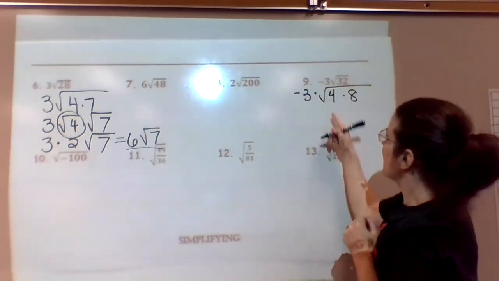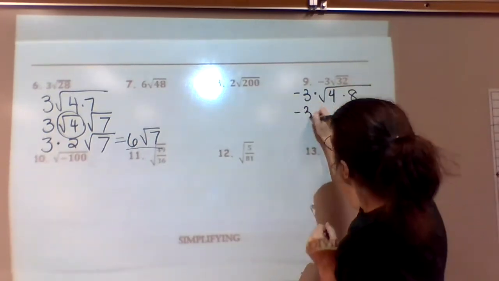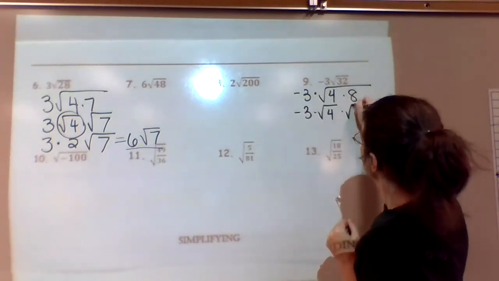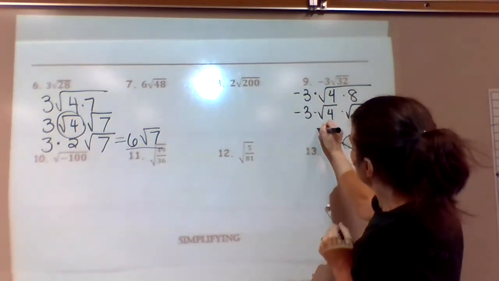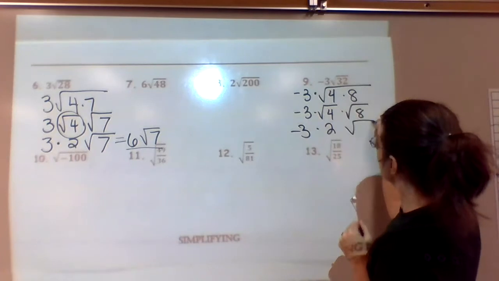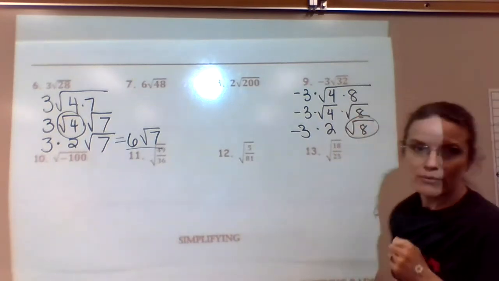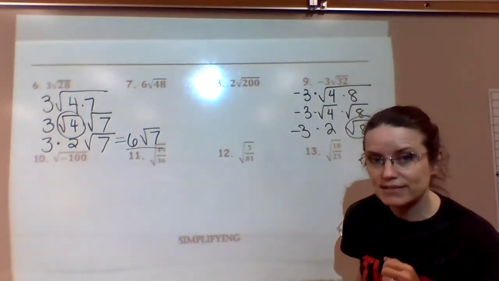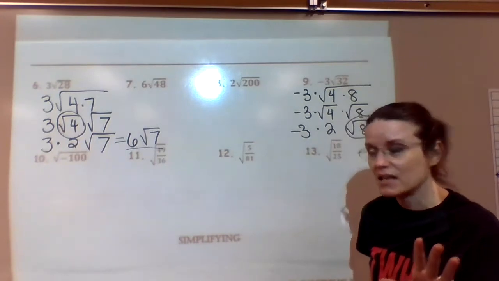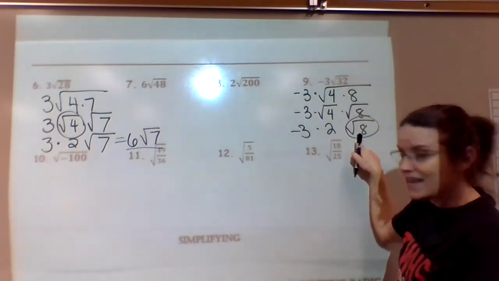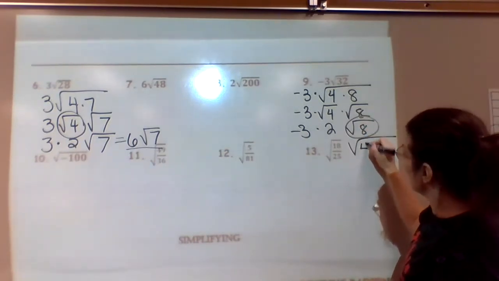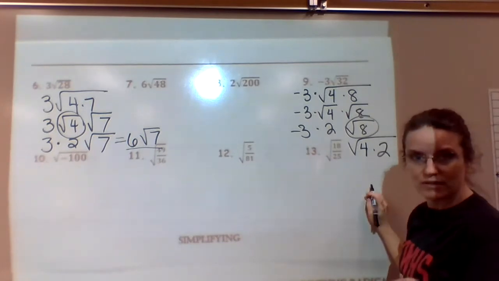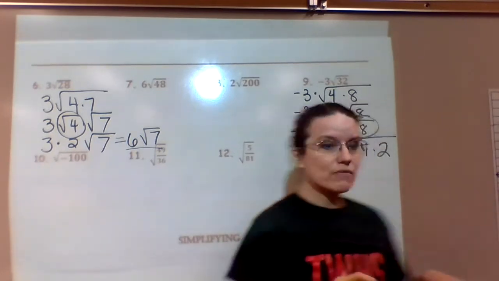But when I break this up, the square root of 4 times the square root of 8, that's negative 3 times 2 times the square root of 8. The square root of 8 still simplifies. It's not the simplest thing. I can still break this down into the square root of 4 times 2, and then keep going from here.